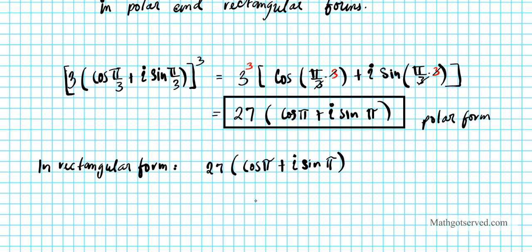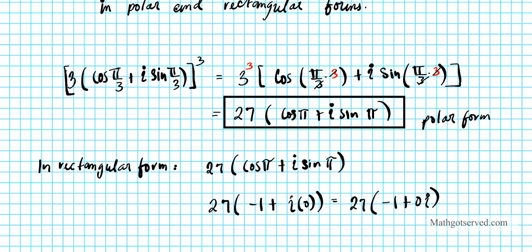Evaluating cosine pi and sine pi using our table of common trig angles, cosine pi is -1 and sine pi is 0. So let's simplify that further. We have 27 times -1 plus 0i.